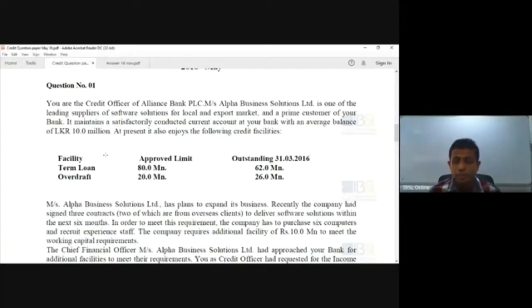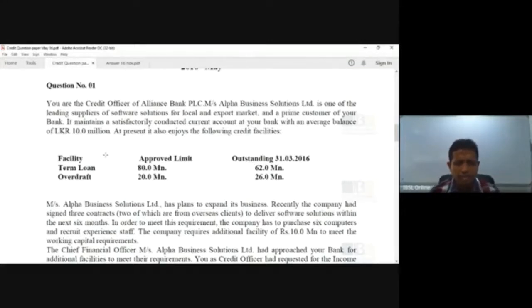Ms. Alpha Business Solution Limited is one of the leading suppliers of software solutions for local and export markets and a prime customer of your bank. It maintains a satisfactorily conducted current account at your bank with an average balance of LKR 10 million. At present, it also enjoys the following credit facilities.